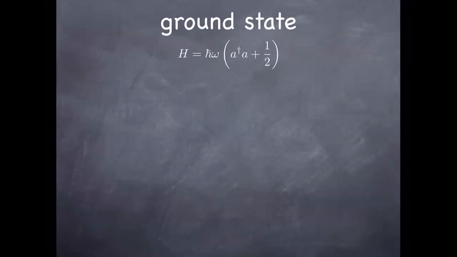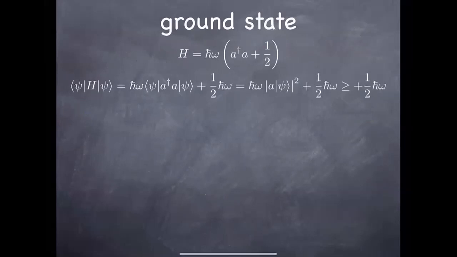So we got this Hamiltonian, and let's take the expectation value of the Hamiltonian for some arbitrary state. And just by plugging this expression of the Hamiltonian into this expectation value, this 1/2 h bar omega is just a number, so that just returns a number. What's non-trivial is this a dagger a operator. So I factor out h bar omega to the front.